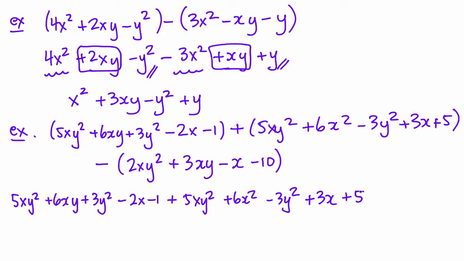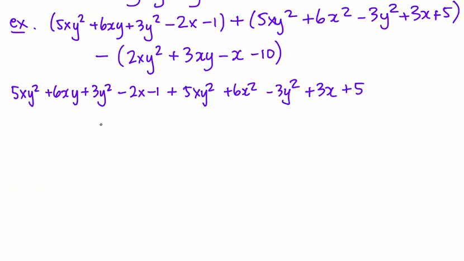The last term is a little bit tricky. I'll just get some extra space here and make sure that I subtract away these terms, and I think I can squish it in here to one line. So minus 2xy squared, and the minus goes to the 3xy, minus minus x is plus x, and minus minus 10 is plus 10.